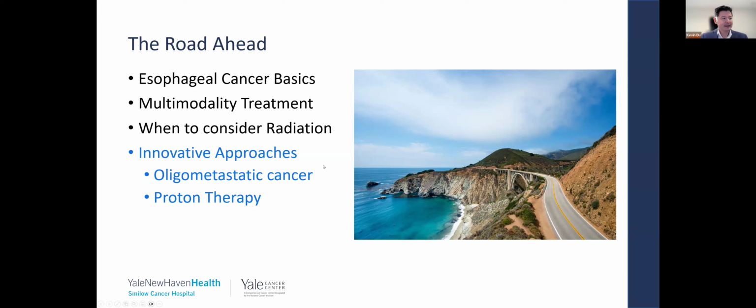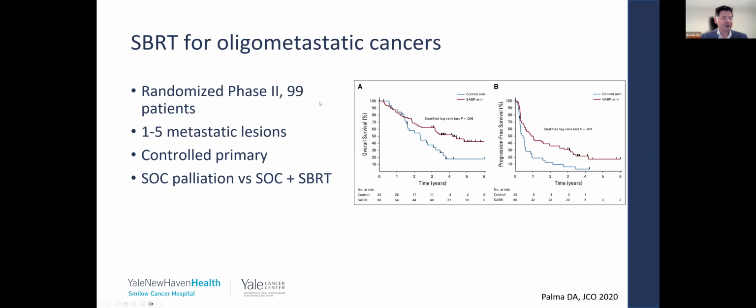And then as a final note, at Yale we do have some newer things coming down the line for esophageal cancer. One approach, which again is getting more traction, is this idea of treating limited metastatic disease with curative intent.